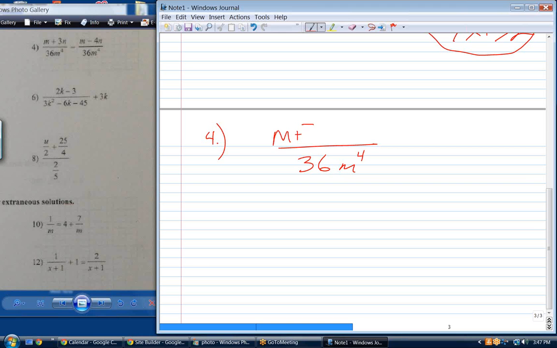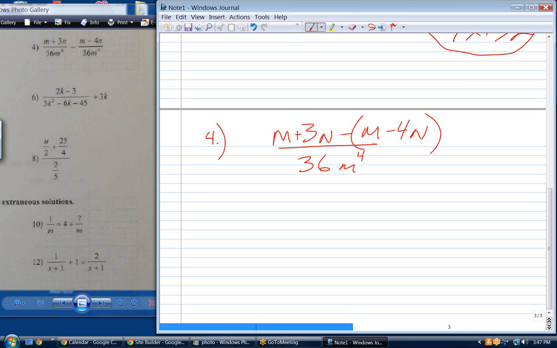Here's what you did. You didn't put the parentheses in. Those parentheses change everything. Notice that this now becomes a plus 4n.